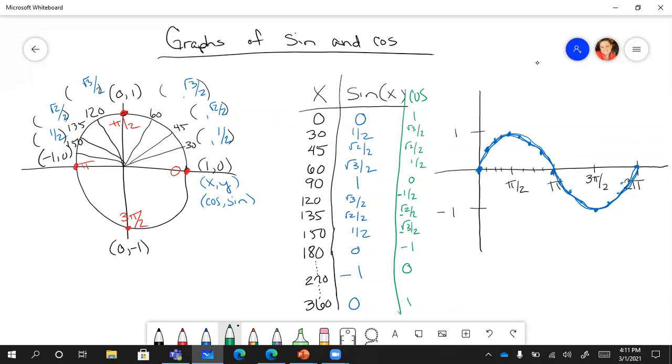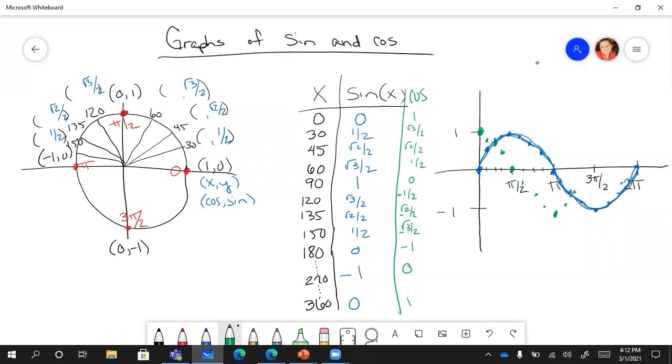So let's graph our cosine parent function. Cosine at 0 is 1. And then we've got root 3 over 2, root 2 over 2. That's where sine and cosine are both equal because they're both root 2 over 2. Then 1/2, 0. And then we dip down into the negative area. And at pi, I was at -1.